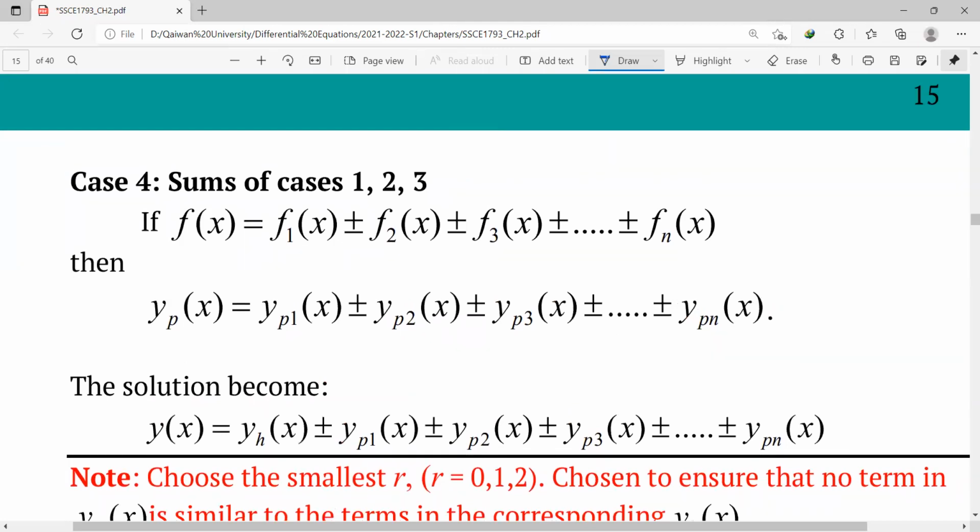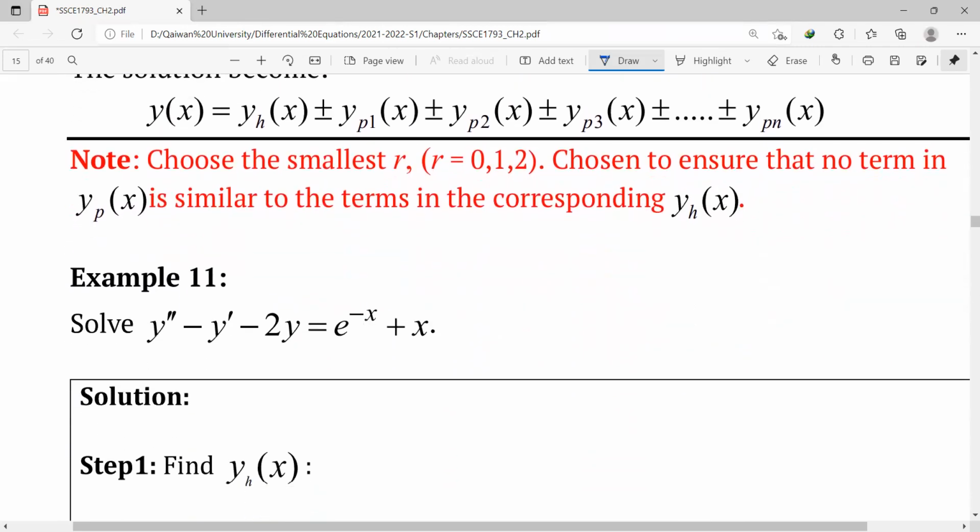If we have exponential with polynomial, we have two particular solutions, so we must find two. If we have all three, we must find three particular solutions.